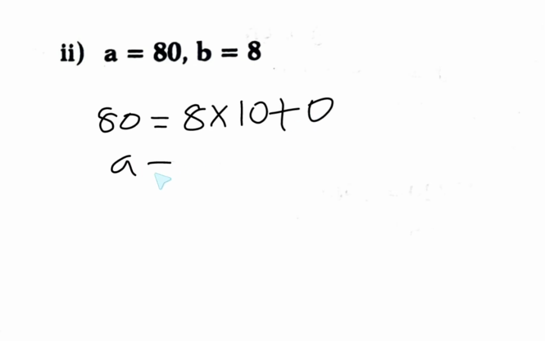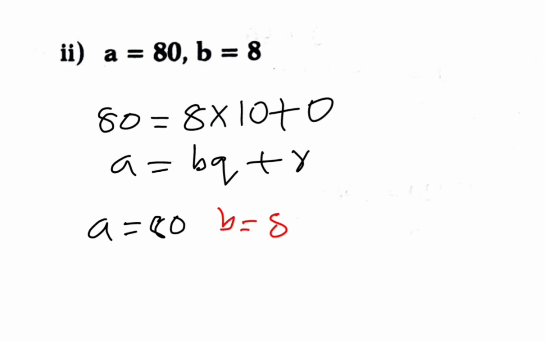It is in the form of A equal to BQ plus R, where A is 80 and B is equal to 8, Q is equal to 10, R equal to 0.